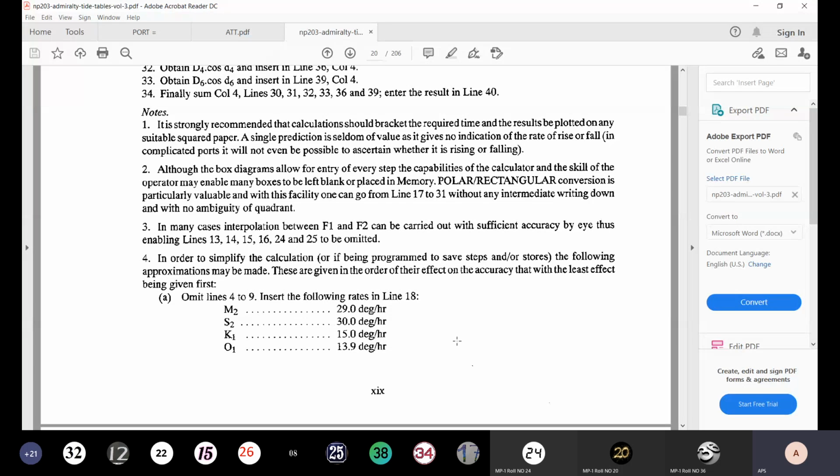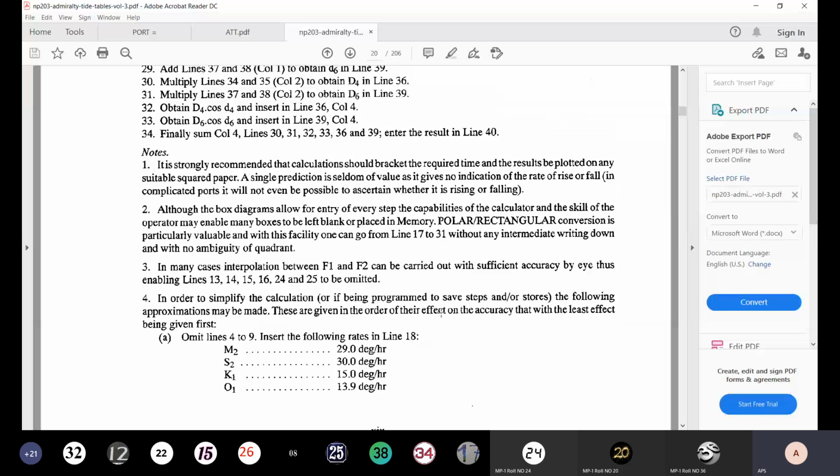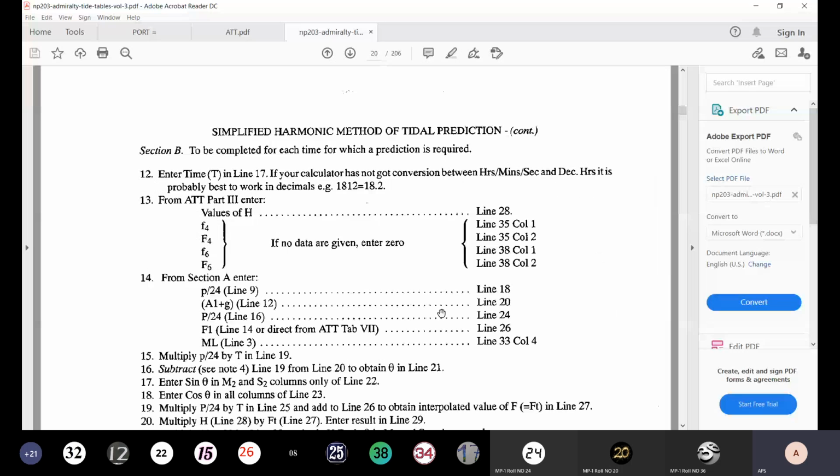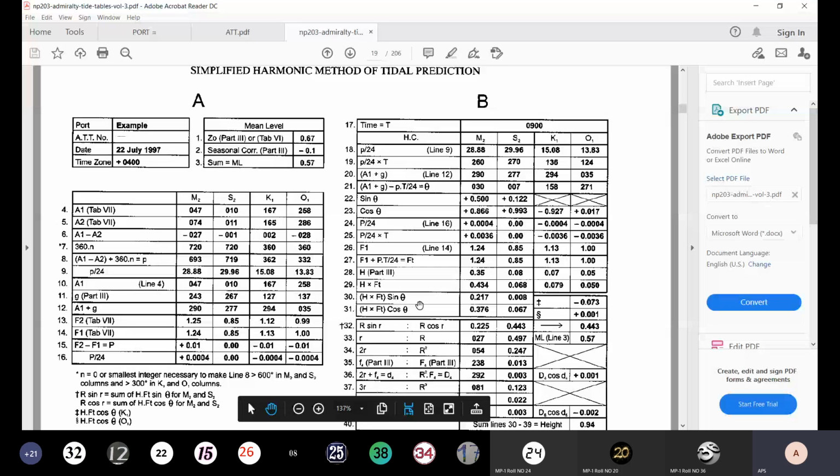See, in the beginning of the tide table, in these Roman letters, might be page 19 or close to it, because this is a different year. So just look up this particular page where you got this example given for calculation. Can you find this page in the beginning of volume 2? 27.